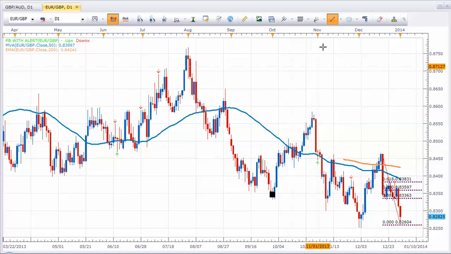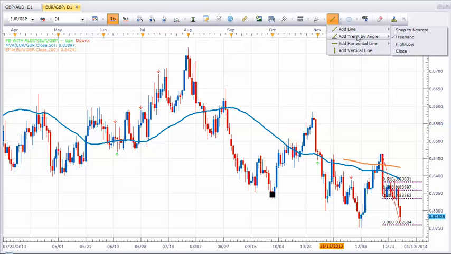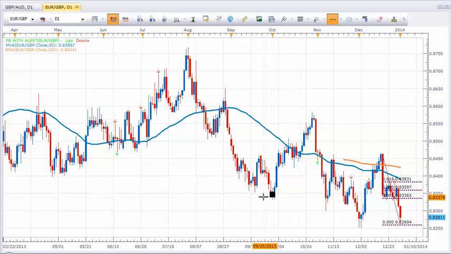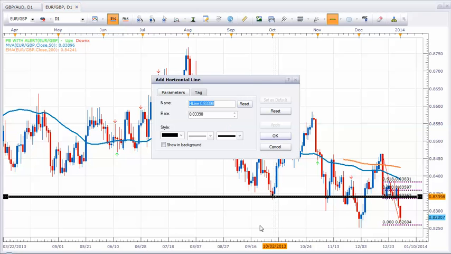Excuse me, I selected add line instead of add trend line. That was my silly mistake. There we go. Okay, so we have confluence.